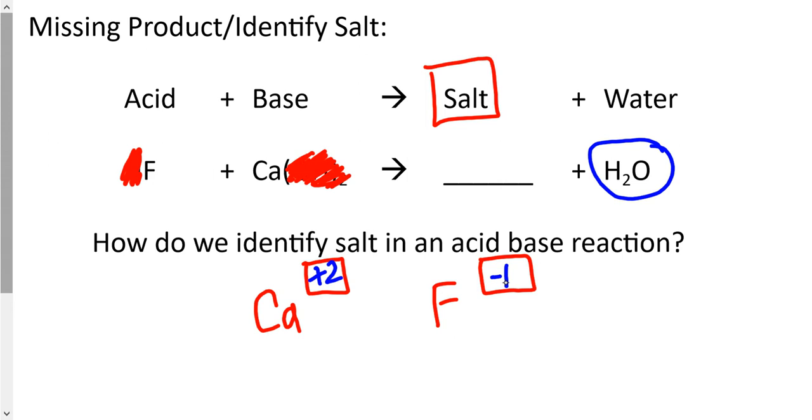So obviously I need one more fluoride ion to balance the charge for calcium ion, right? And if I do that, I will have one calcium and two fluorine, and therefore the chemical formula is going to be CaF2.